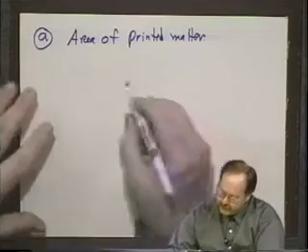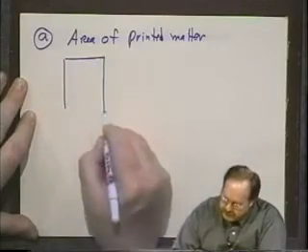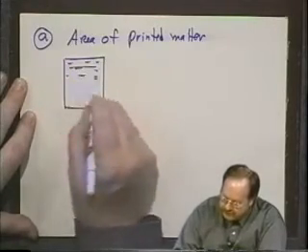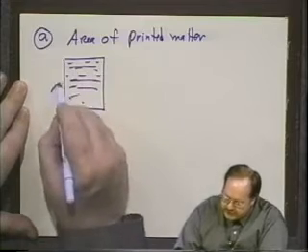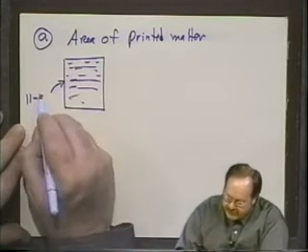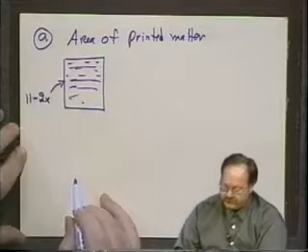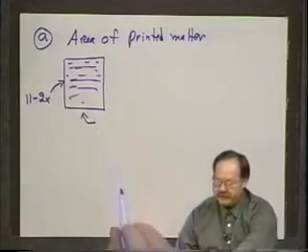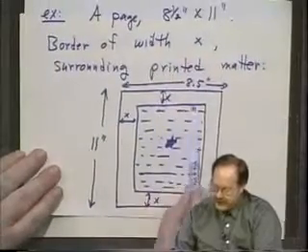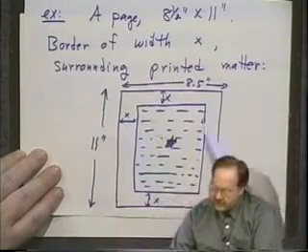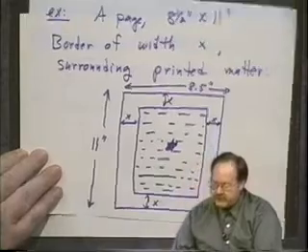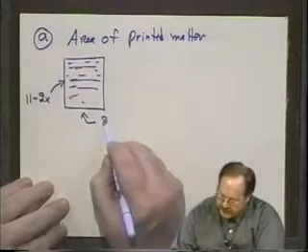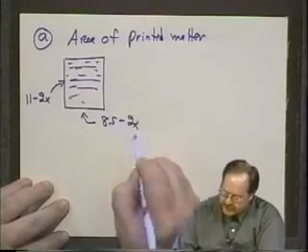And that should give you, here's the printed matter, a height of 11 minus 2x. Well, once you see how that works, you can guess what the bottom one has to be. 8.5 across, minus x here, and minus another x here. So it's also minus 2x. So it's 8.5 minus 2x.